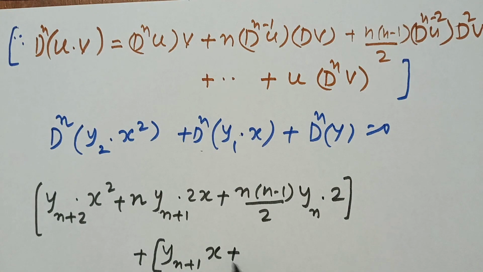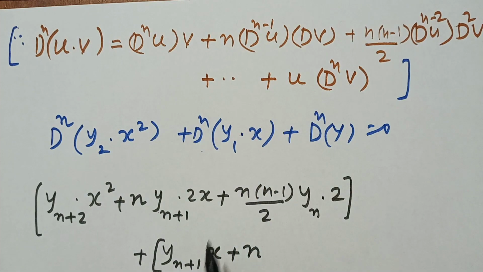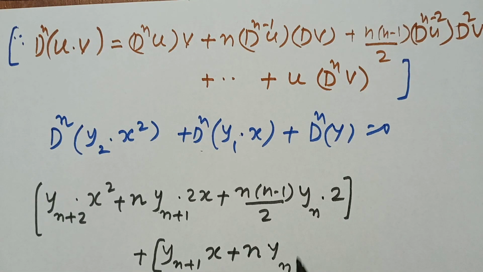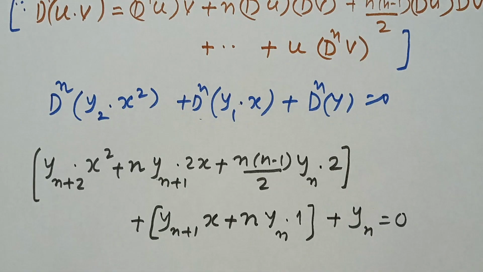Plus nC1, which is n, decreasing the first function gives yn, and the differentiation of x is 1. The next term will be 0 because 1 is a constant, so its differentiation is 0. Plus d^n y is nothing but yn, equal to 0. So this is very easy to calculate by Leibniz theorem.